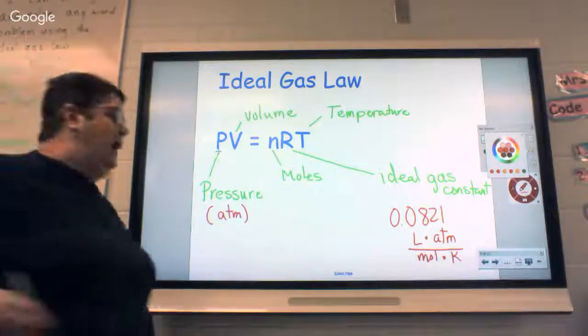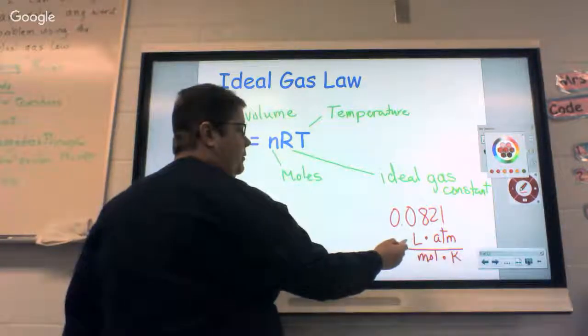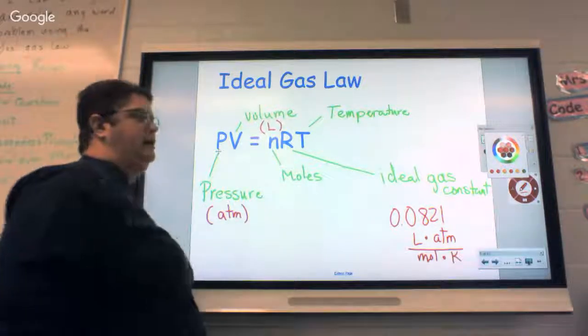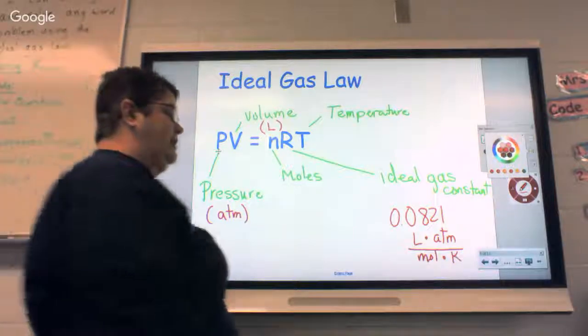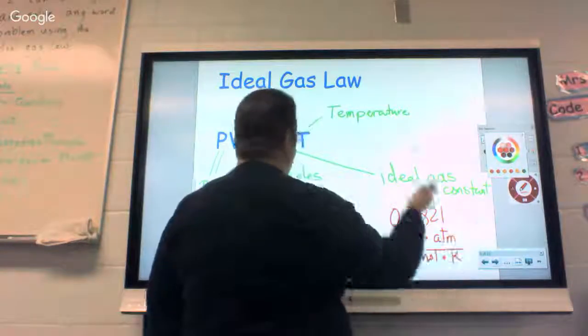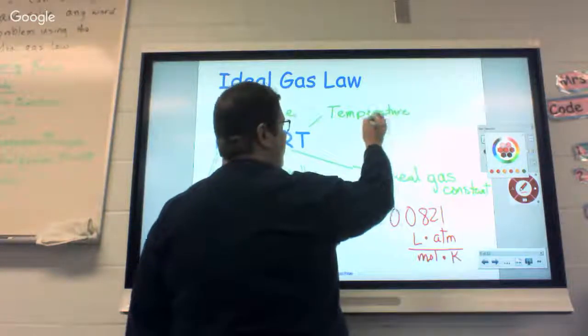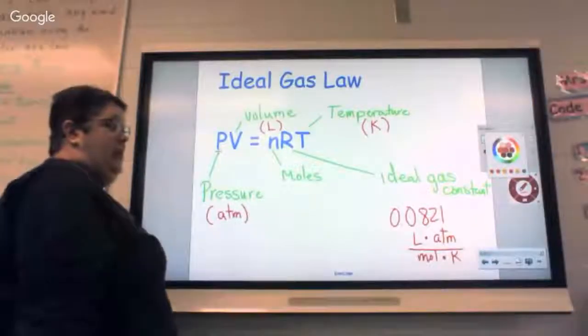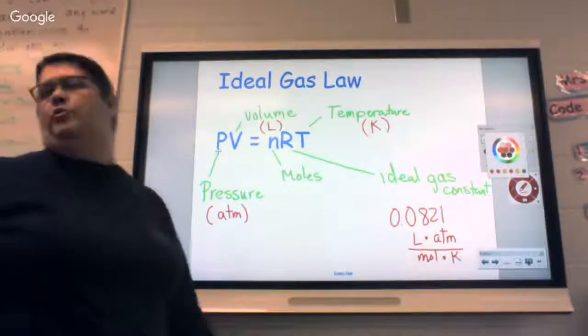Every time. Our volume has to be in what unit? If we don't change our volume to liters now, we get the wrong answer. Temperature has to be in what? Not a problem. We've been changing to kelvins for a while, so we got that one. And then n, we're learning today, is moles. Not a problem, because we're learning that one.